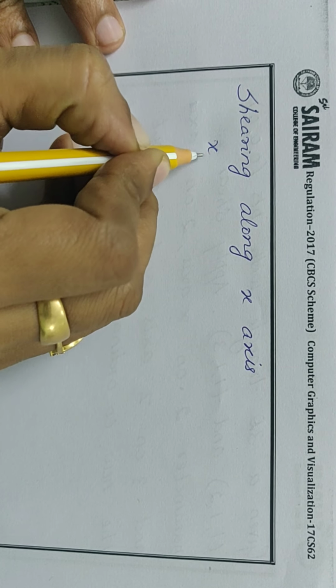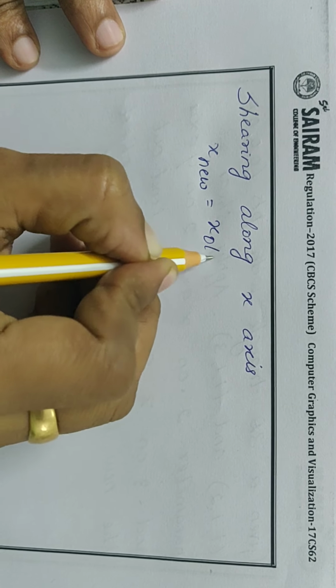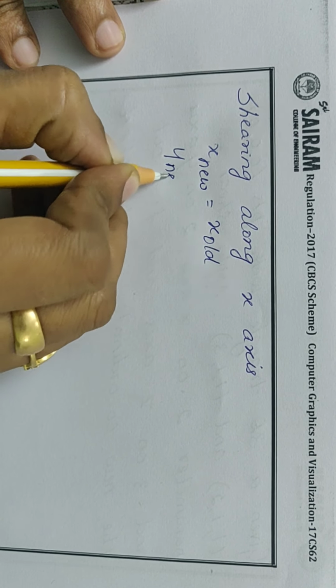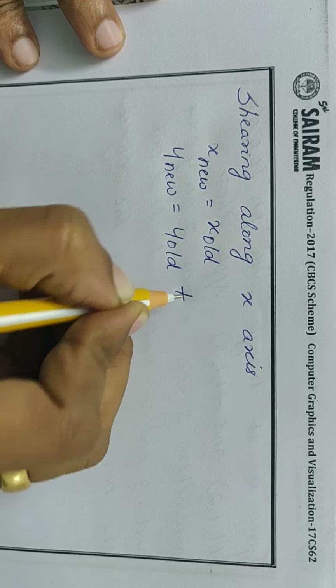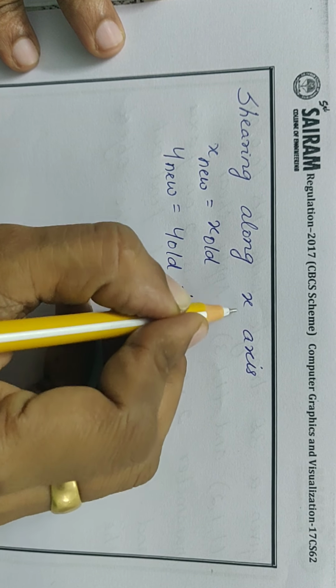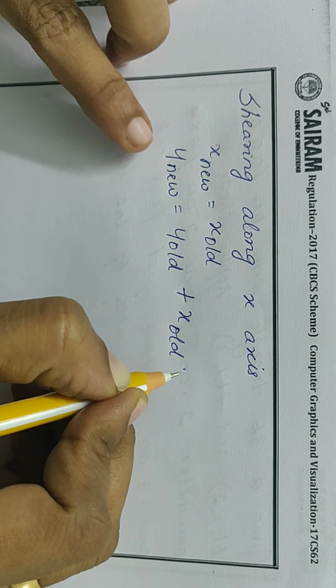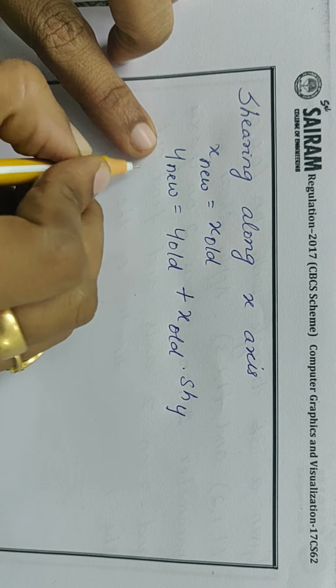So new value of x is equal to x old. When I perform shearing along the x-axis, y new will be y old plus, since I am performing shearing along the x-axis, it should be x old and shear factor along the y-axis.